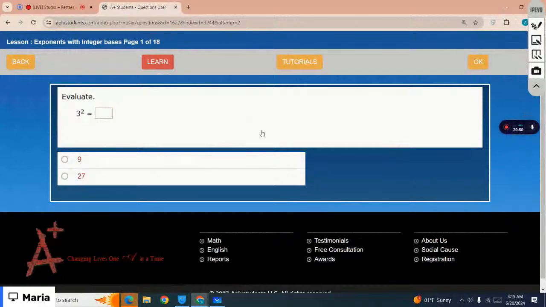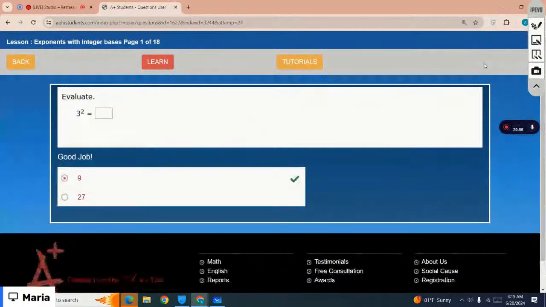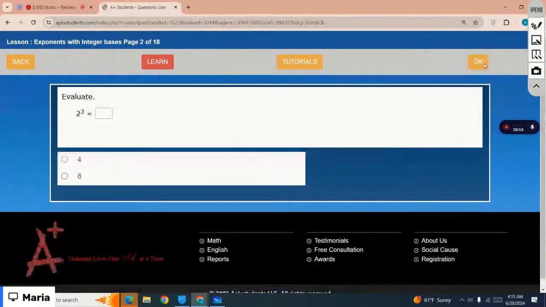Next, 2 cube. Yes, that is 8. 2 times 2 is 4 and 4 times 2 is 8. You have to multiply 2 3 times. So that is 8. Option number 2 is the correct option. Got it?